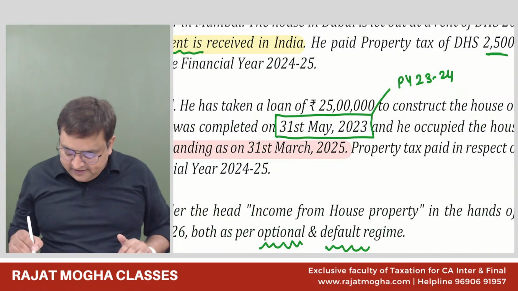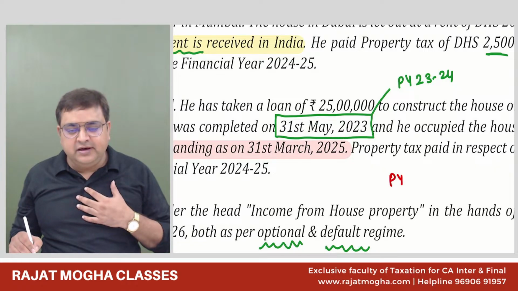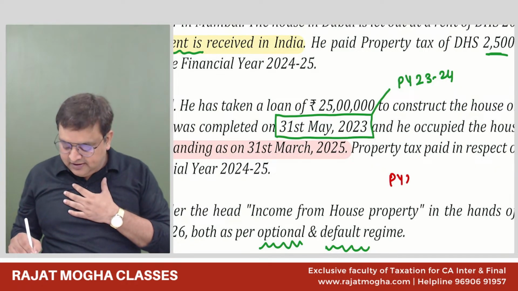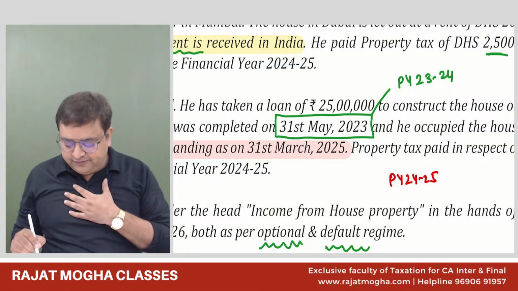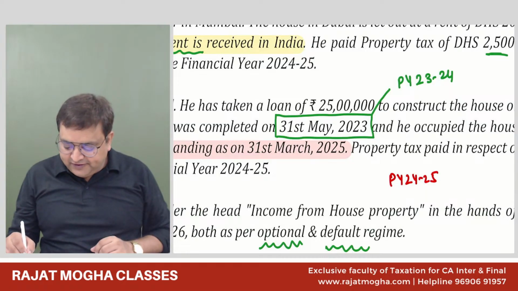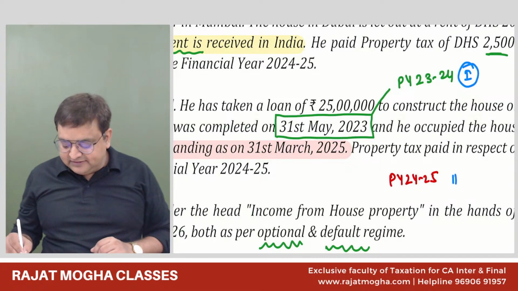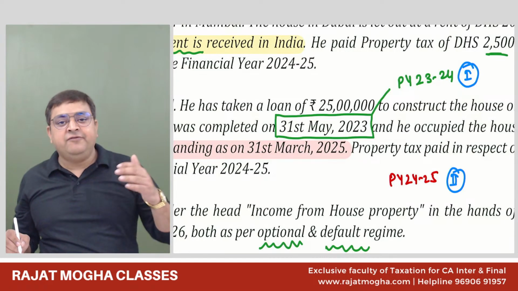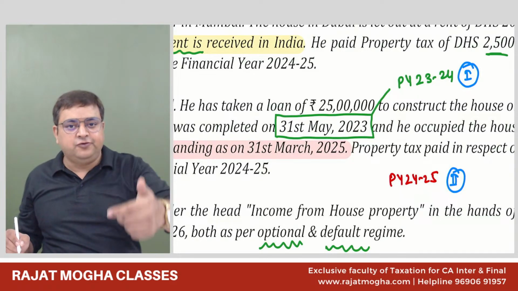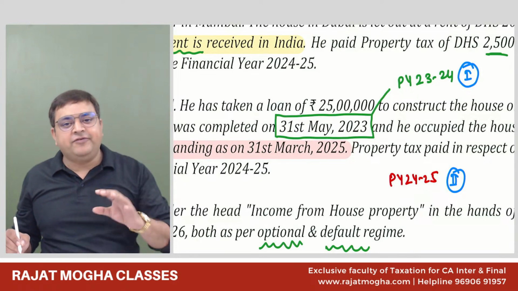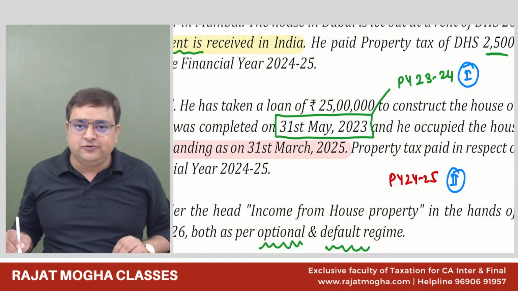And our year for which we are doing calculation is previous year 24-25. So this was the first year when the house was completed, and we are in the second year. Even if we would have been in the second year, third year, fourth year, fifth year, I would have taken pre-construction period interest also.